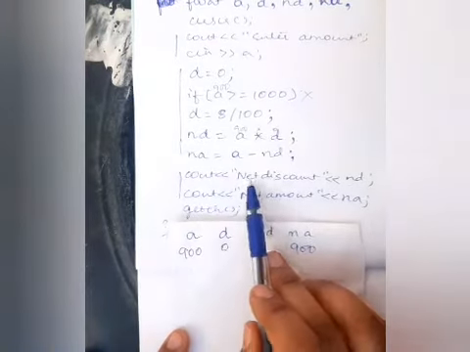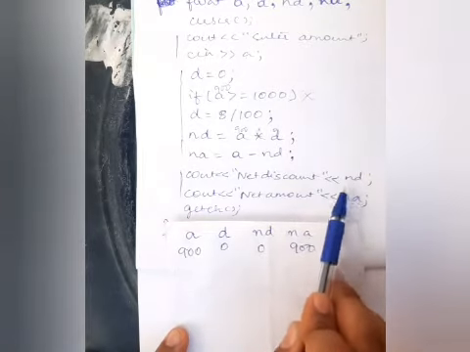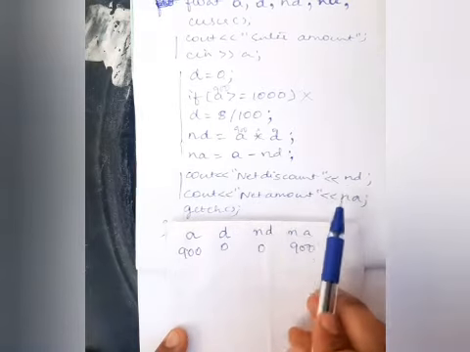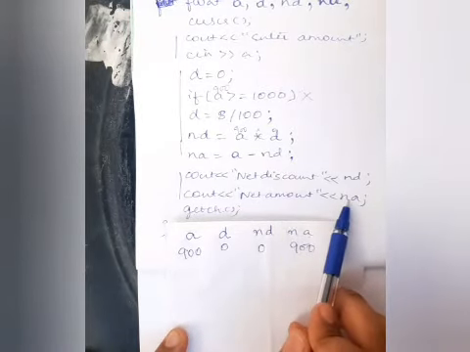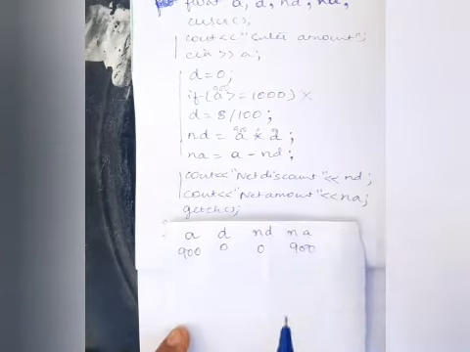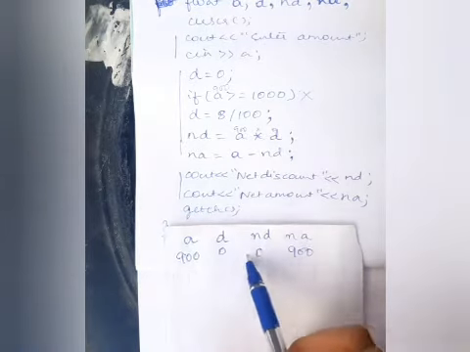Print net discount ND. In the place of ND, what do we have to print? That is 0. Next, net amount NA. In the place of NA, what value should be printed? That is 900. So we got to know that if the amount entered by the user is below 1000, then there will be no discount.